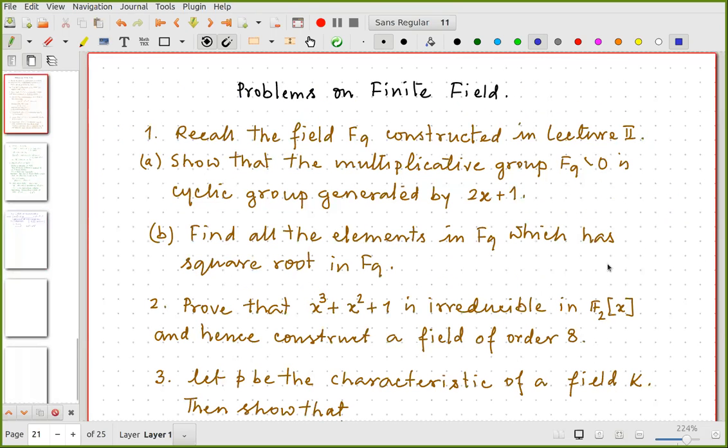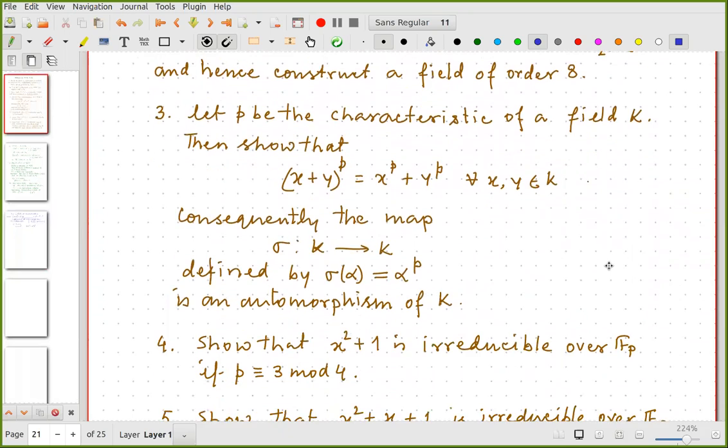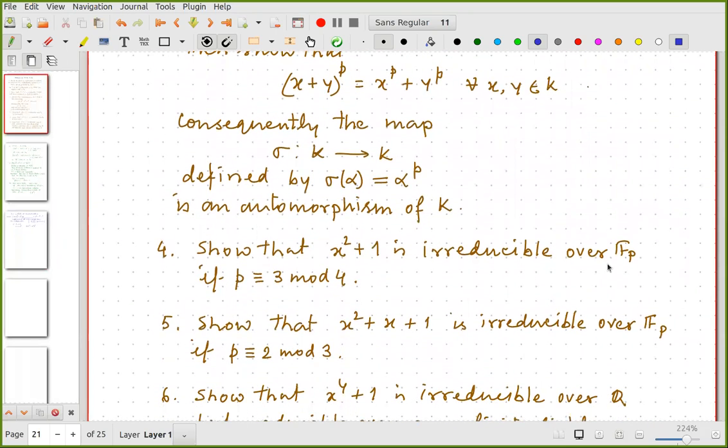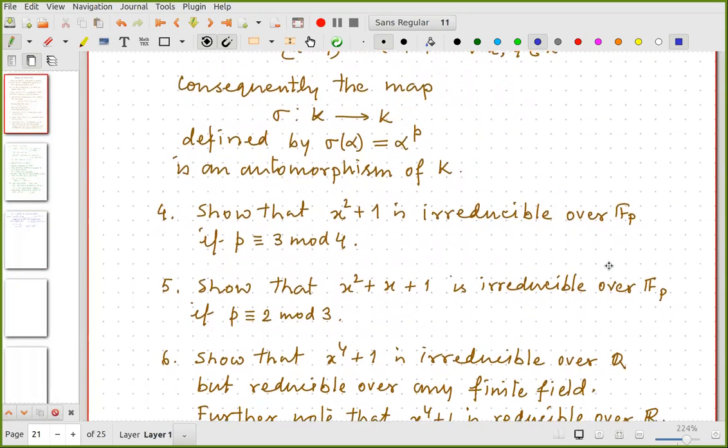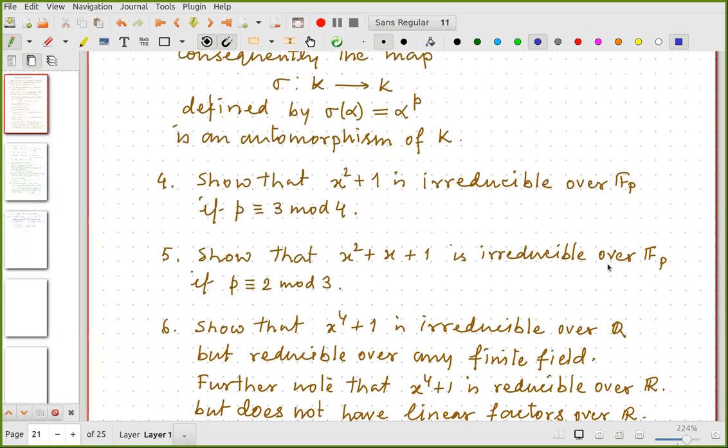So some more problems. These are two more irreducibility problems, some variations of this.